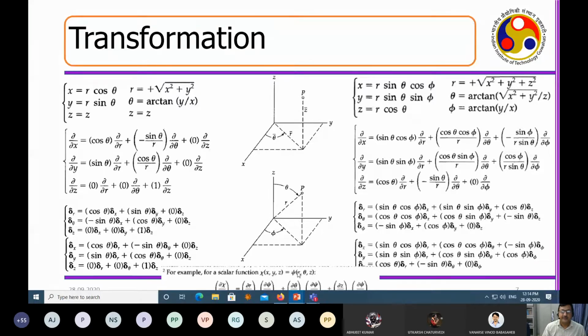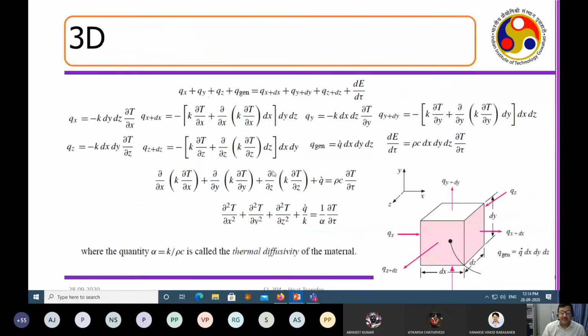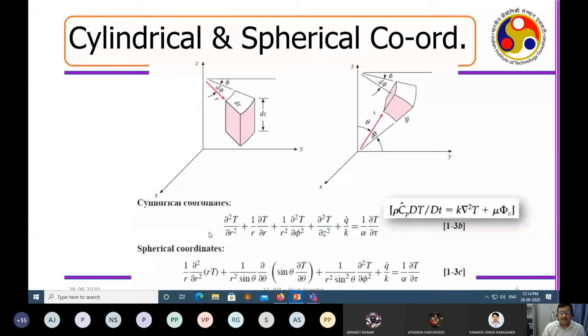So we did perform some of the transformations and showed how exactly we calculate del del x, del del y, and del del z in terms of del del r, del del theta, and del del z. And then if we replace back those here and accumulate all the terms, we will be able to get this particular term. This is for a cylindrical coordinate.